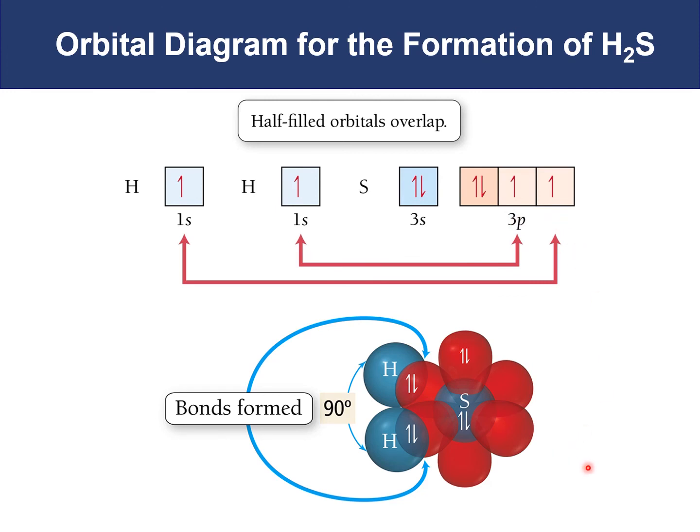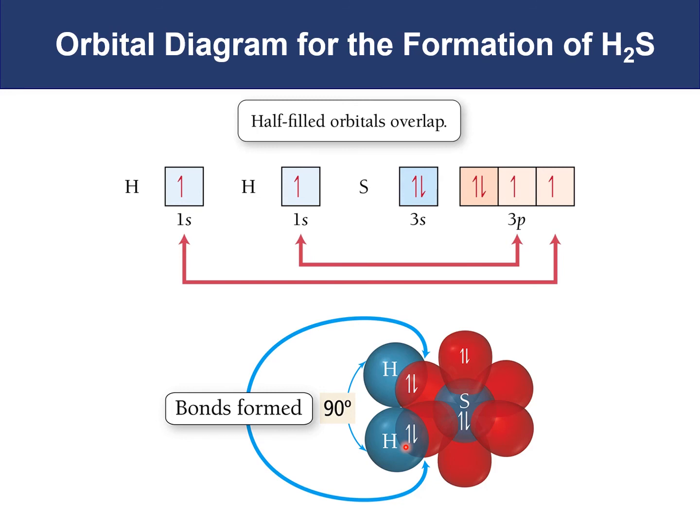The p orbitals lie directly along the axes, meaning that the angle between your two p orbitals is going to be 90 degrees. So if you're trying to form a bond between your 1s orbitals through overlap and your two p orbitals, you would predict that the bond angle in H2S should be 90 degrees because you're taking the p orbitals and bonding them with the s orbitals of the hydrogen.